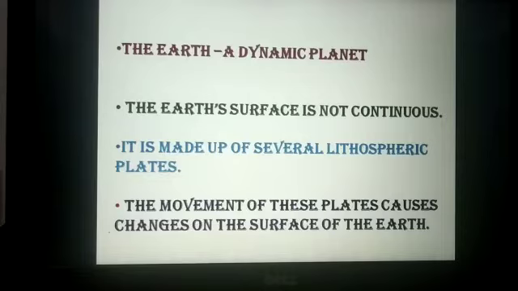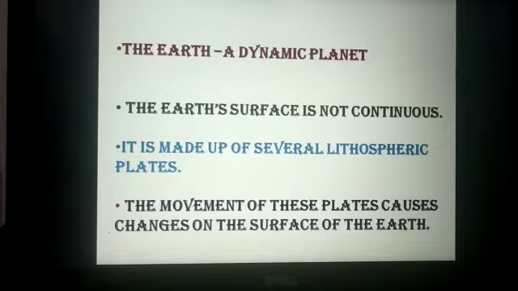Now, first of all, let me familiarize you with this term, lithospheric plates. The Earth's crust consists of several large and some small rigid, irregularly shaped plates, or you can call them slabs, which carry continents and the ocean floors.